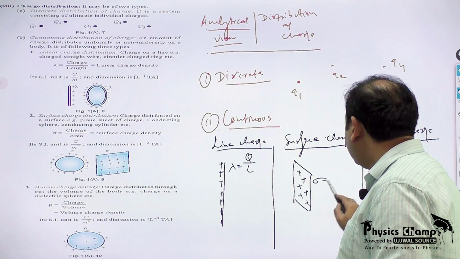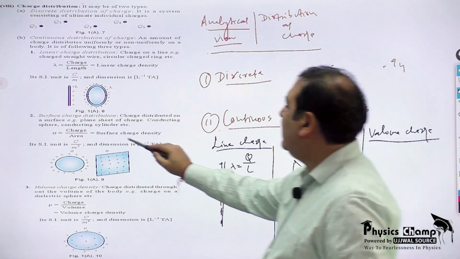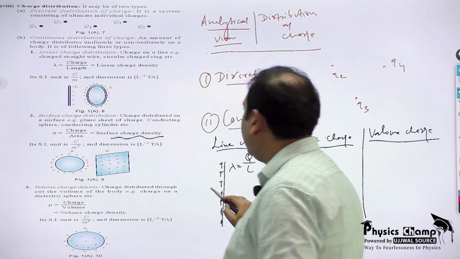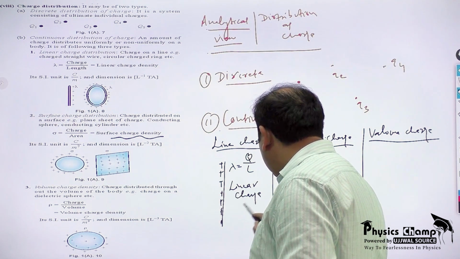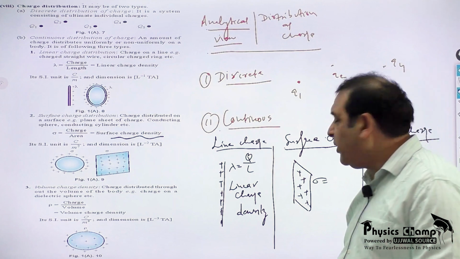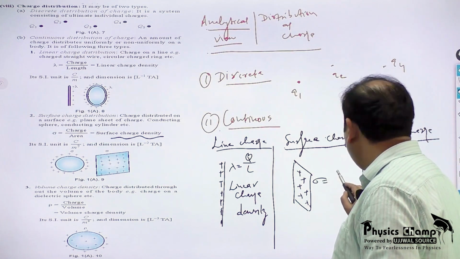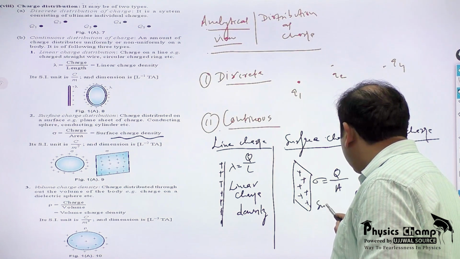When you have a charge distributed on a surface, you represent it by charge per unit area. We call it surface charge density.